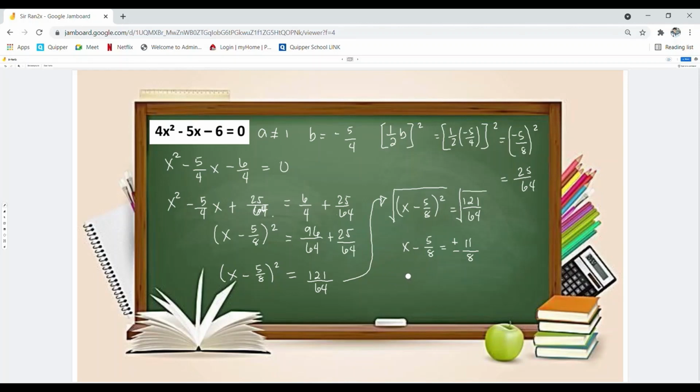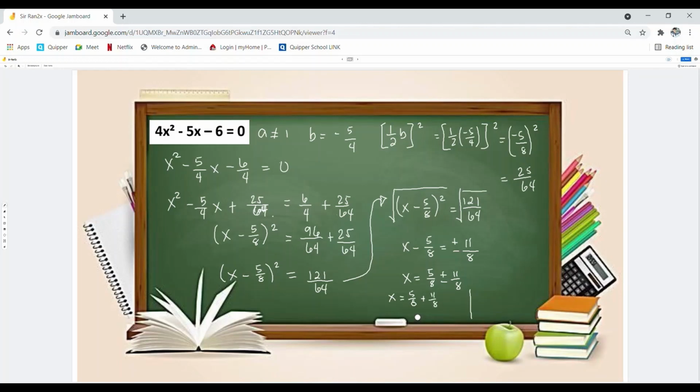Since our goal is to solve for x, you have x is equal to, and it becomes positive 5/8, and then you connect positive negative 11 over 8, and you are going to separate it to solve for your x's. So first x, your first x is x equals 5/8 plus 11 over 8.